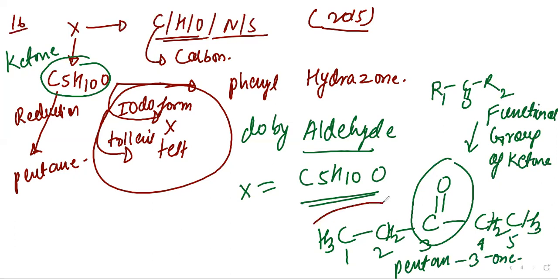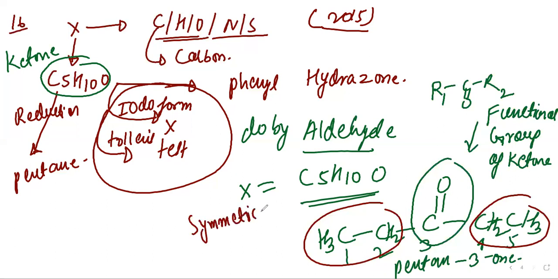So this is your symmetrical ketone. Write it down now. Now look at question number 17. The reaction by which benzaldehyde can't be prepared, right.